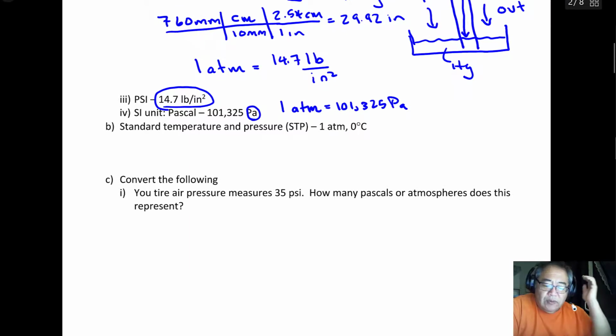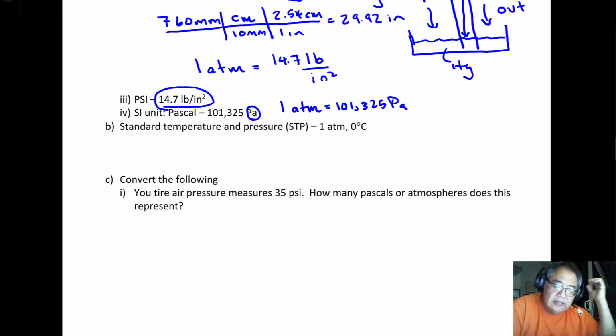Now, one other thing before we move on and do some conversion practice is that there's something known as standard temperature and pressure, in gas laws, or when we're talking about gases. The standard temperature and pressure are 1 atmosphere and 0 degrees Celsius. So that's like the freezing point of water. These are numbers I expect you to remember.